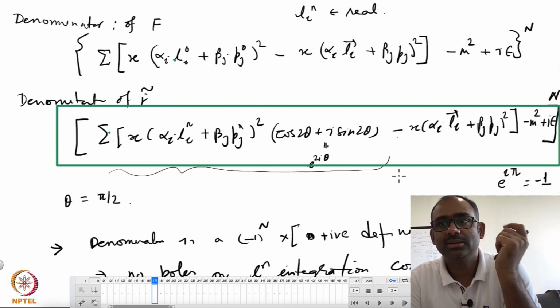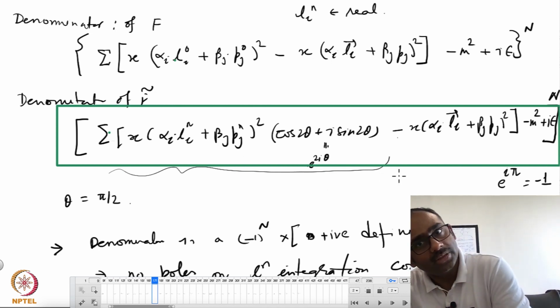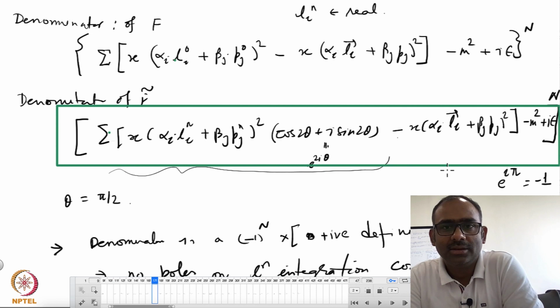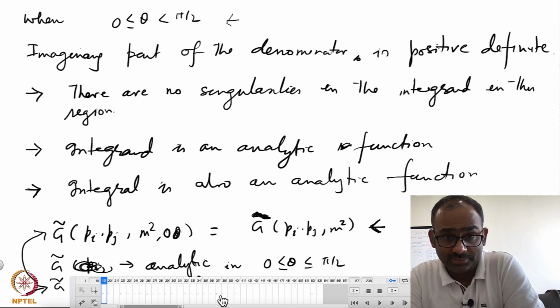This is the denominator that we had at the time after Wick rotation. This is for arbitrary theta, but if you rotate by 90 degrees, you get the Wick rotated integral. So, I am going to put theta equal to 0 again. Okay, that is what I am doing. So, I am going back to the original integral.